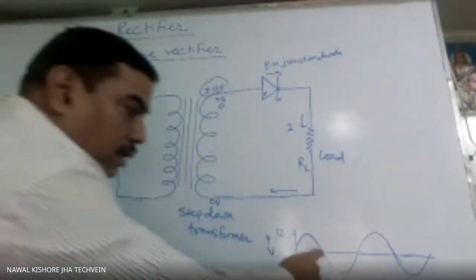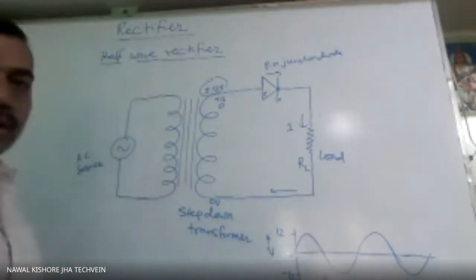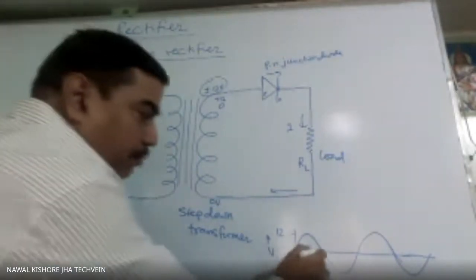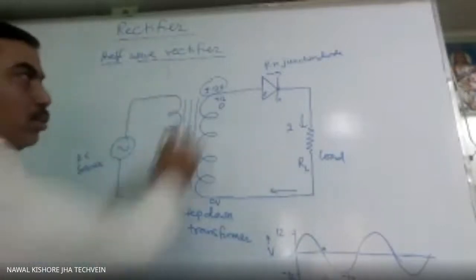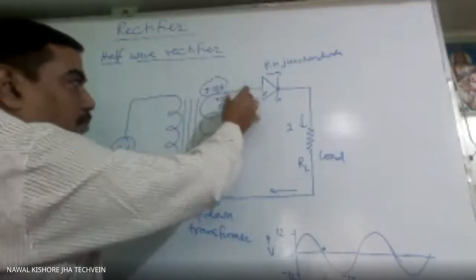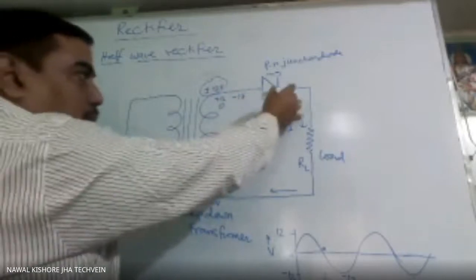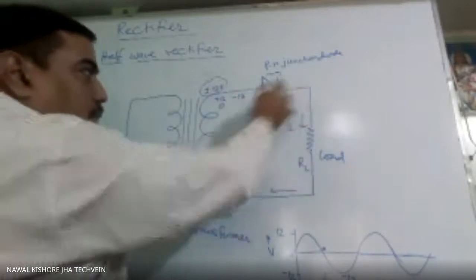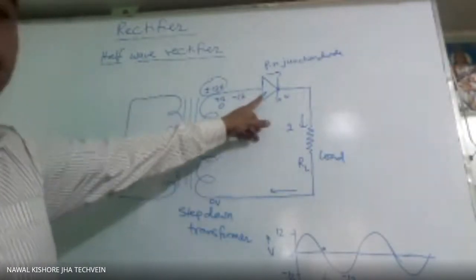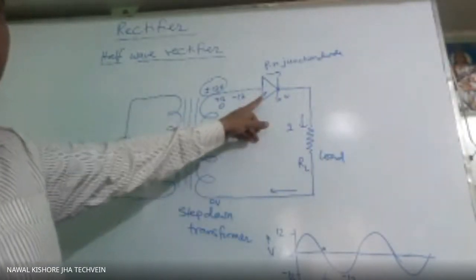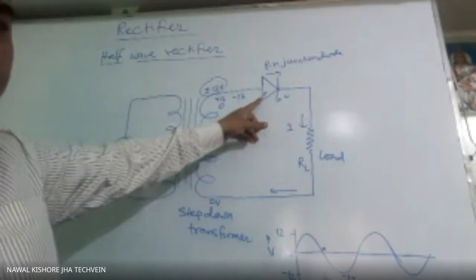Now, consider this part. Now what is happening? It is moving from 0 to minus 12. So when it has come to minus 12, this side is always at 0 only. This is minus 12. That means this P has become of less voltage, negative.